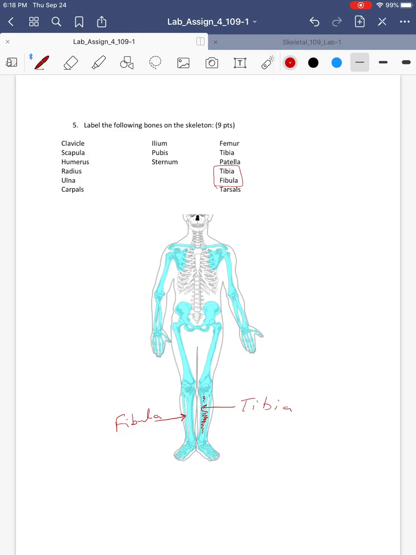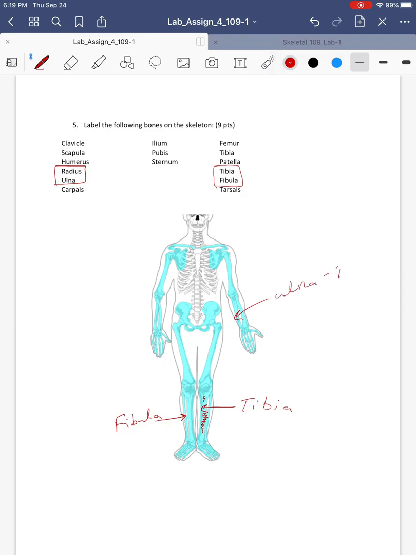If we look at the radius and ulna, these are the forearm bones. The way that I remember this is that the ulna is always on the same side as the pinky.